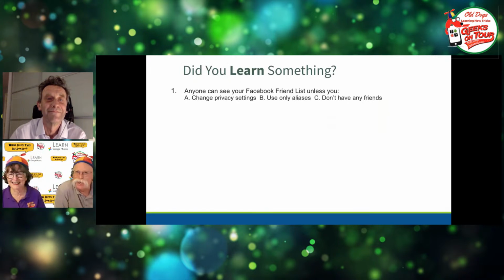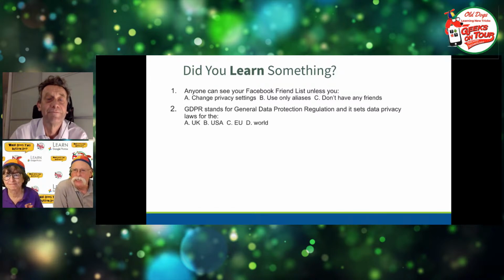Did you learn something? Anyone can see your Facebook friend list unless you A, change privacy settings, B, use only aliases, or C, you don't have any friends. A, change your privacy settings. Okay. GDPR stands for General Data Protection Regulation, and it sets data privacy laws for whom?